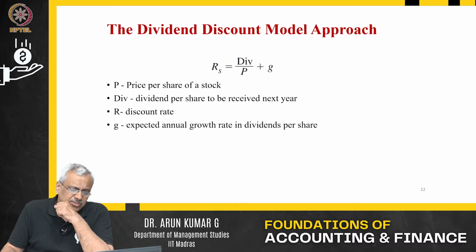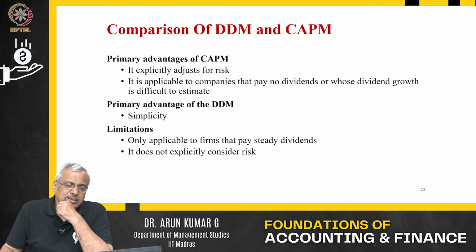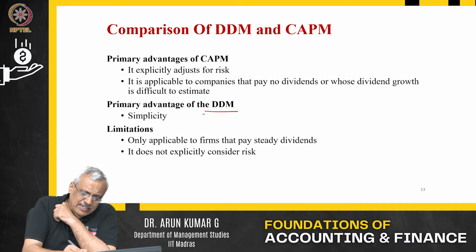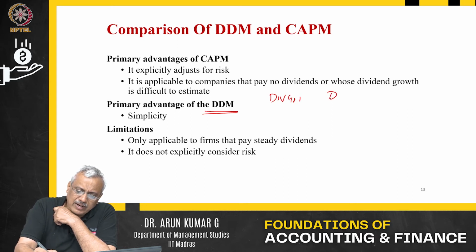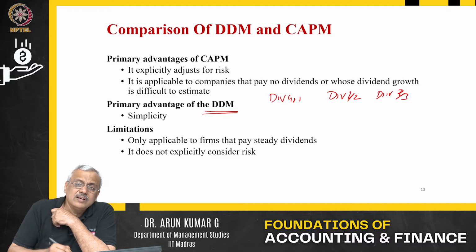We have talked about the dividend discount model approach. I have also got a small comparison between DDM and CAPM. In the dividend discount model, all I have to do is, I know the dividend in year 1, dividend in year 2, dividend in year 3, whatever that dividend is.